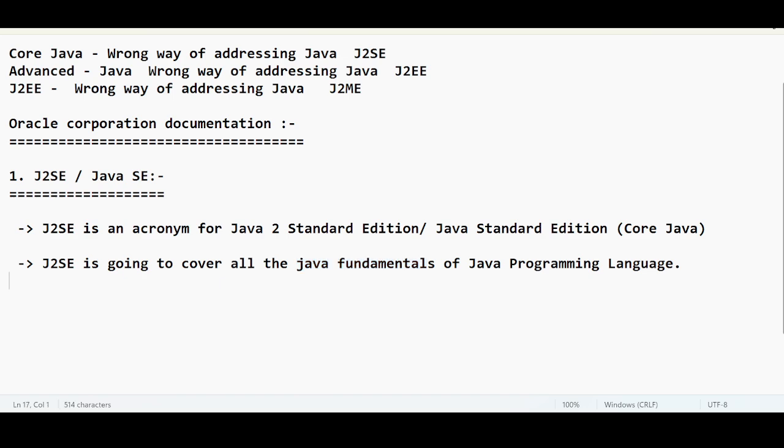Trust me, that is how the industry works. Because people who know fundamentals can get used to or develop any kind of application. Right? So we are going to understand J2SE, and J2SE is going to cover all Java fundamentals, and you can answer any kind of interview, no matter what kind of experience you mention in your resume. Okay, all the topics will be covered.